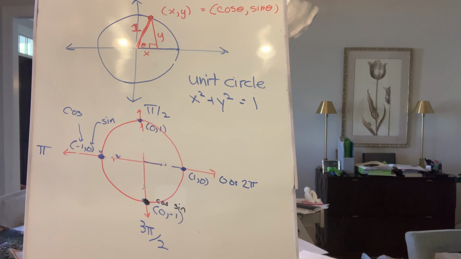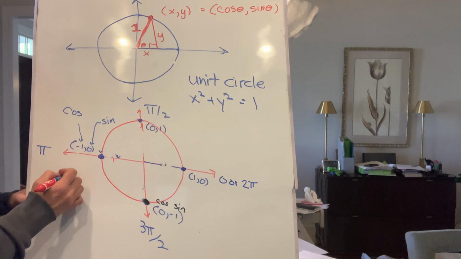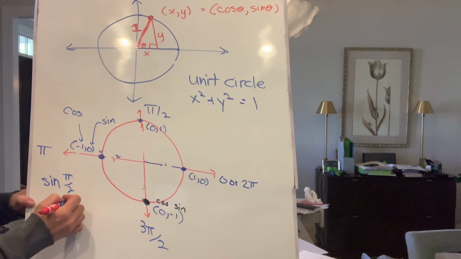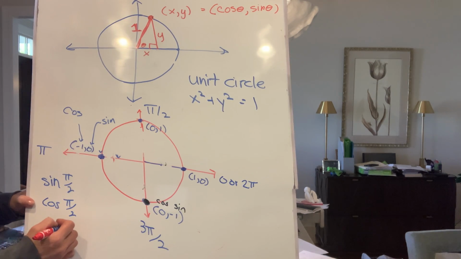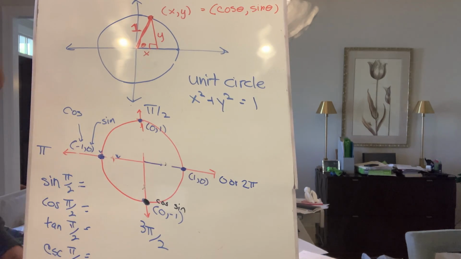All right, so if we needed to find, let's go with all 6 trig functions for pi over 2. All right, so we're going to look at the sine of pi over 2, the cosine of pi over 2, tangent of pi over 2, cosecant of pi over 2, secant of pi over 2, and cotangent of pi over 2.